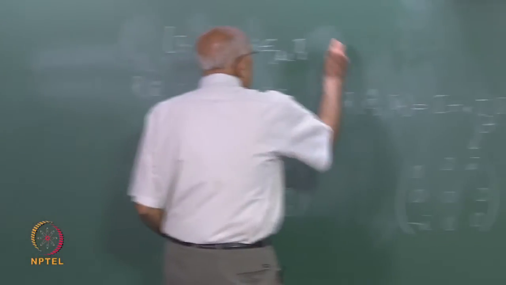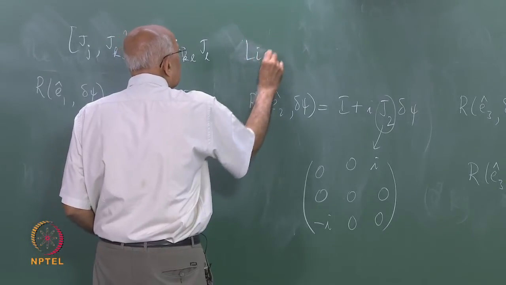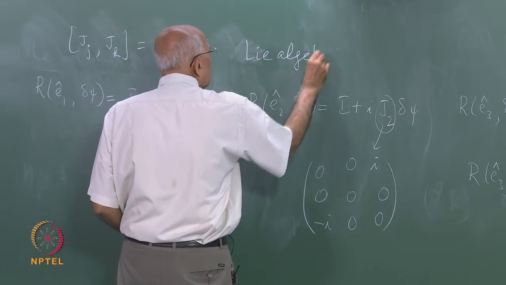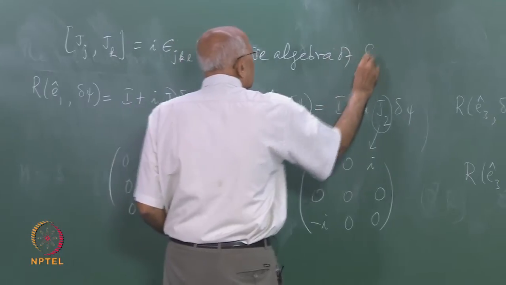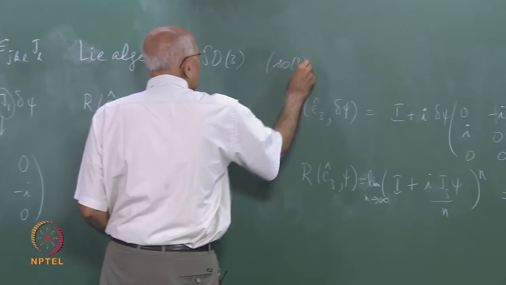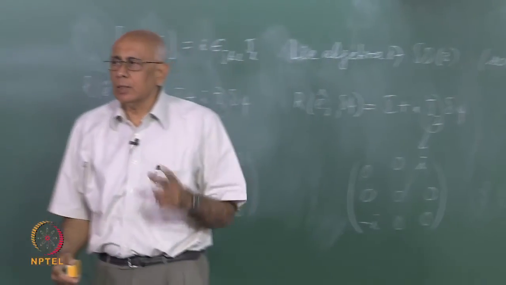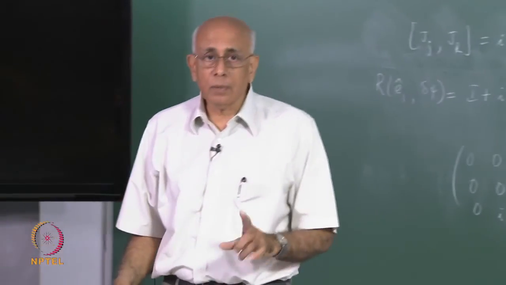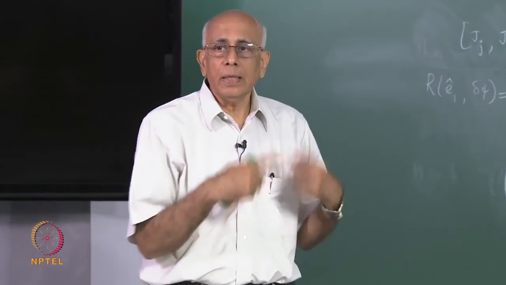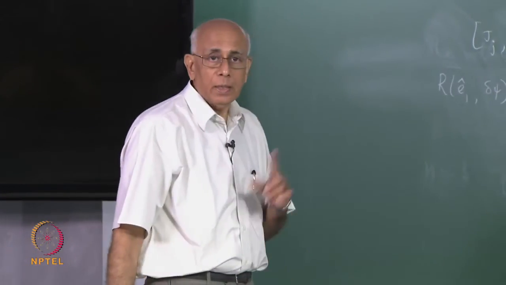This is called the Lie algebra of SO3. It's denoted by so3. The convention is to use small letters to denote the Lie algebra of generators, infinitesimal generators corresponding to a Lie group. Okay. The group O3 itself is a Lie group.